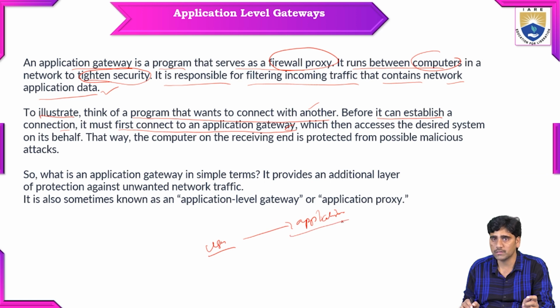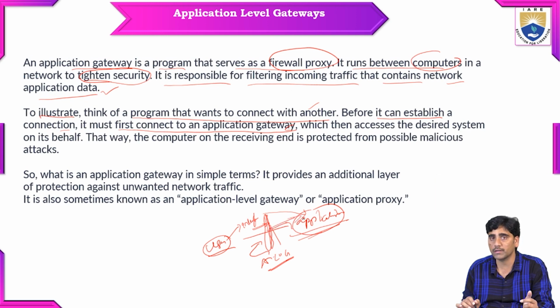Directly he can access the application server, but if application level gateways are present, they act as an intermediate system between the two. The user uses the internet or network to access applications from the application server, and in the middle the application level gateway inspects each and every packet. That's why the user first connects to the application gateway, and then can access the applications from the application server.